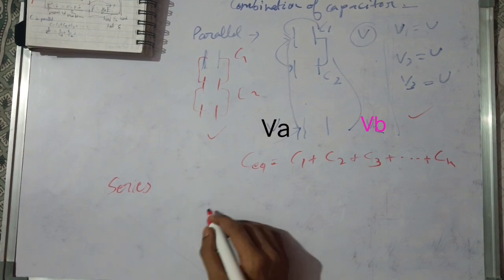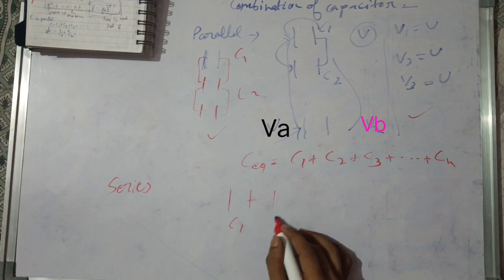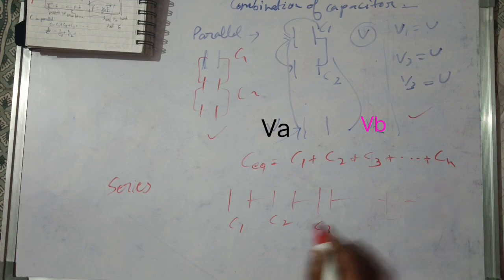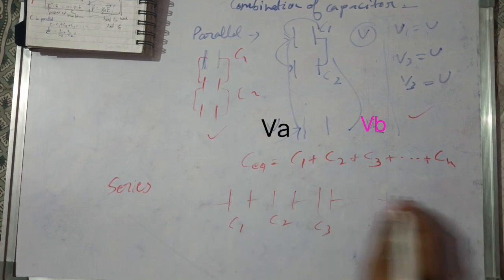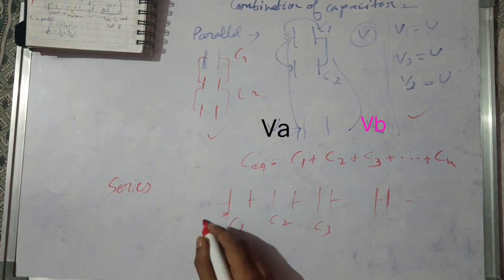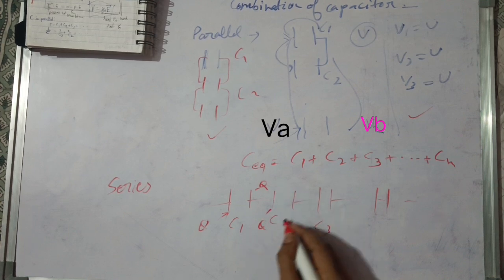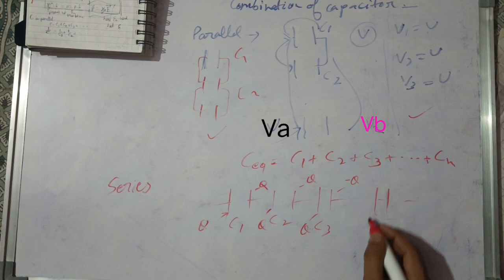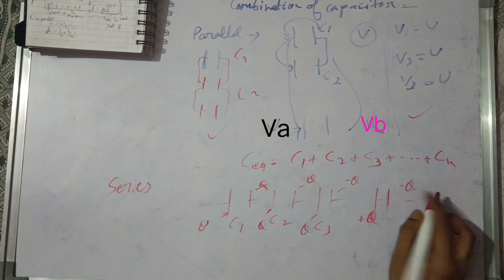And in case of series, there are capacitors here, let's say C1, C2, C3, like this. The magnitude of charge stored on all the capacitors here, let's say it is q, it is minus q, it is q, it is minus q, then q, minus q, on this will be plus q, and then on this will be minus q.